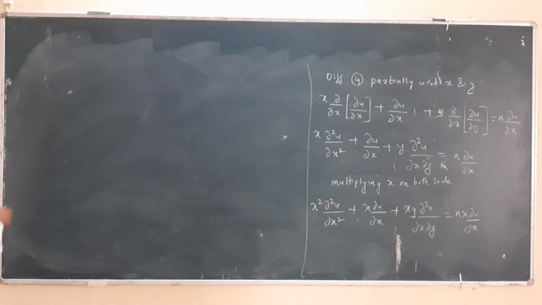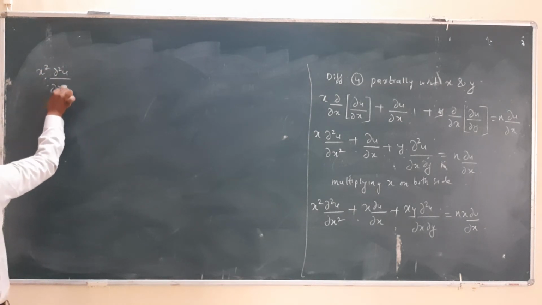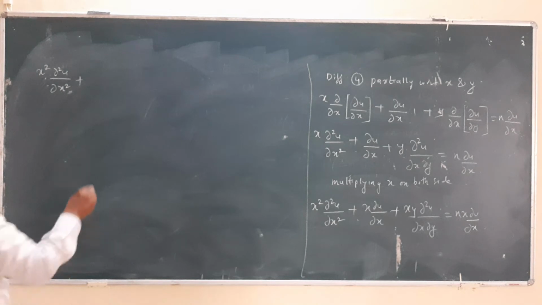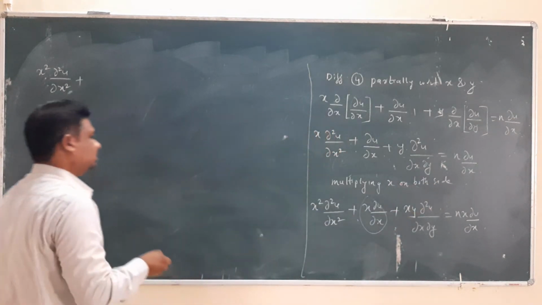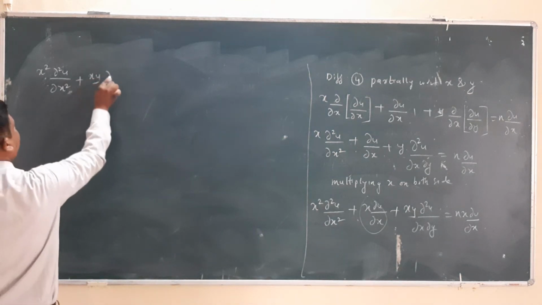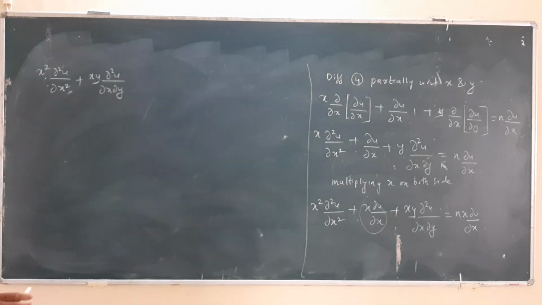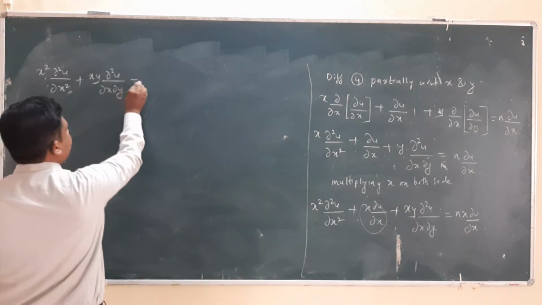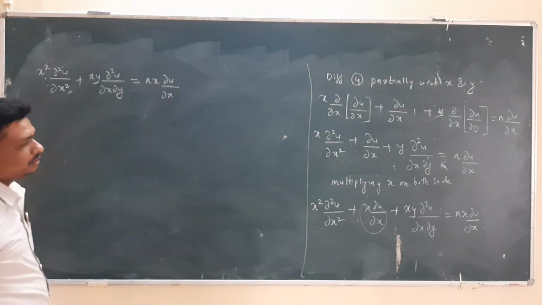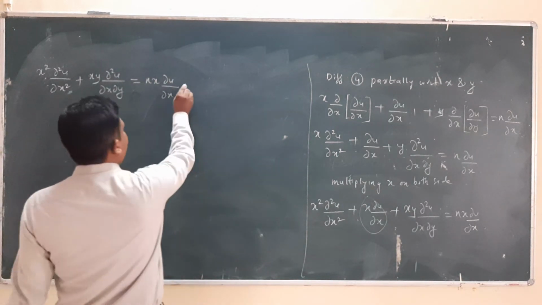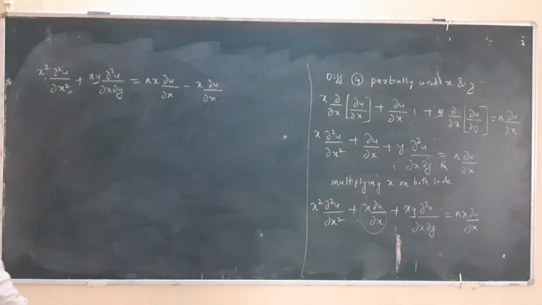So now this becomes x square ∂²u/∂x² plus, we take this x ∂u/∂x to the RHS, plus x into y ∂²u/∂x∂y, which is equal to nx ∂u/∂x minus x into ∂u/∂x.